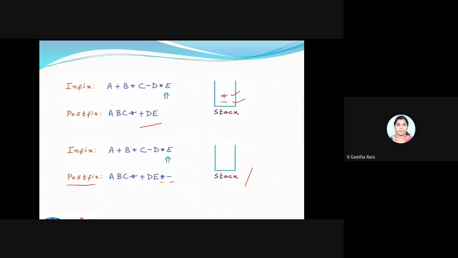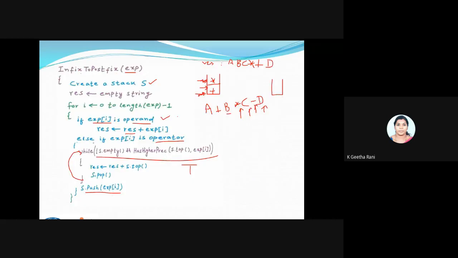If it comes, what I will do is just pop the star and pop the minus. For doing this, I'm doing a while loop here. When I'm reaching the end of my expression, I'll go for this particular while condition. If my stack is not empty, remove all the operators from the stack, put them inside this result, and return my result at the end.